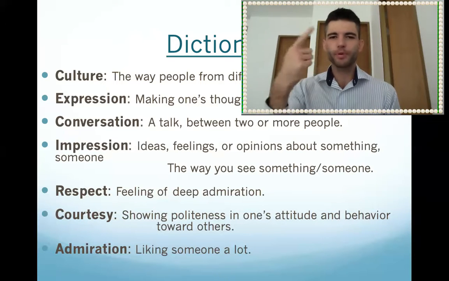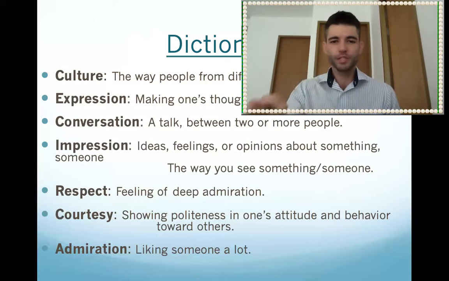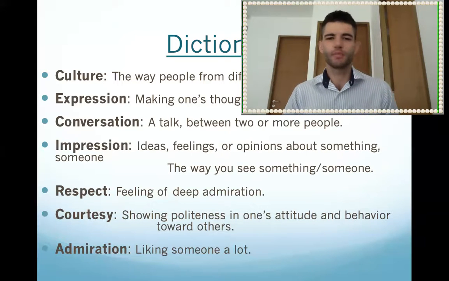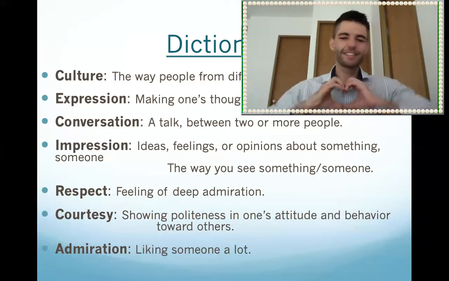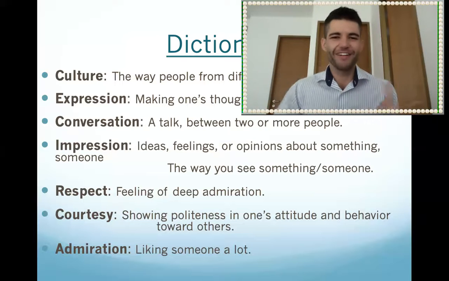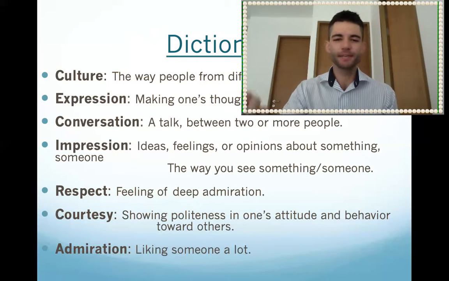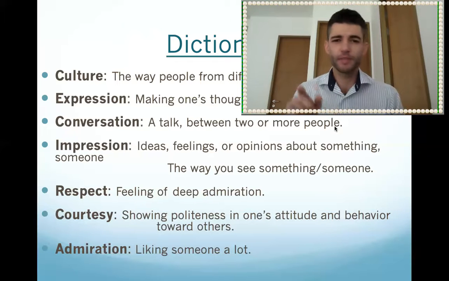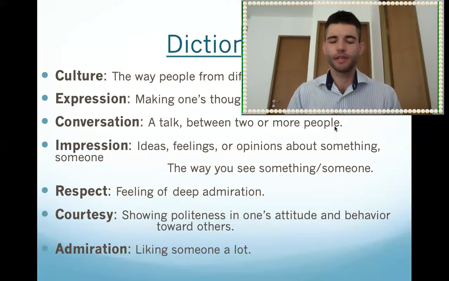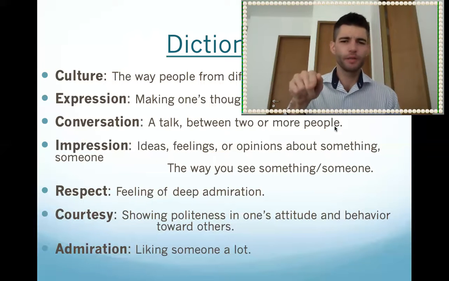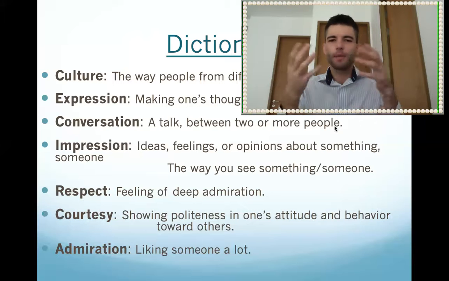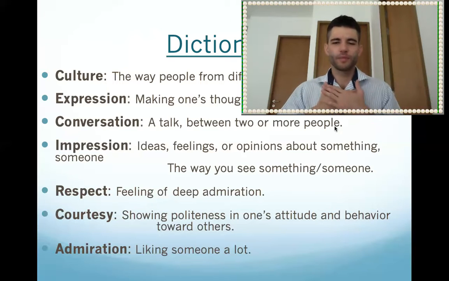So that is your impression. What you see, so your idea that comes up from here, or your feelings that come from everywhere, or your opinion. So the word opinion means something that you as a person think. So my opinion and your opinion might not always be the same because it is an opinion. It comes from the person.